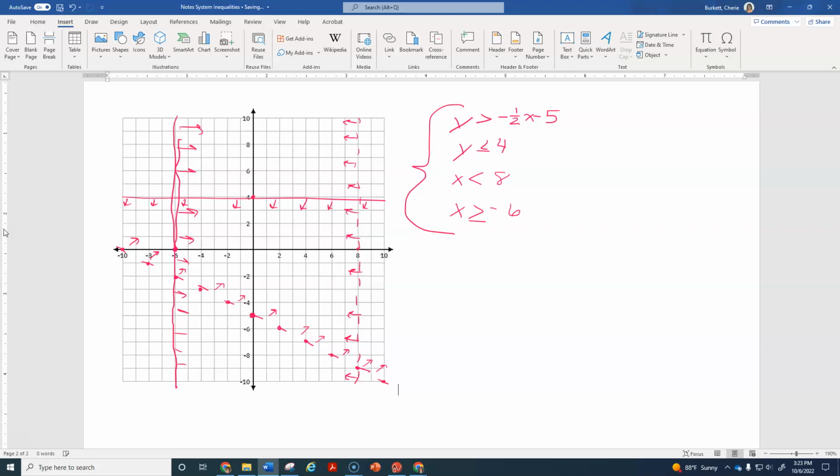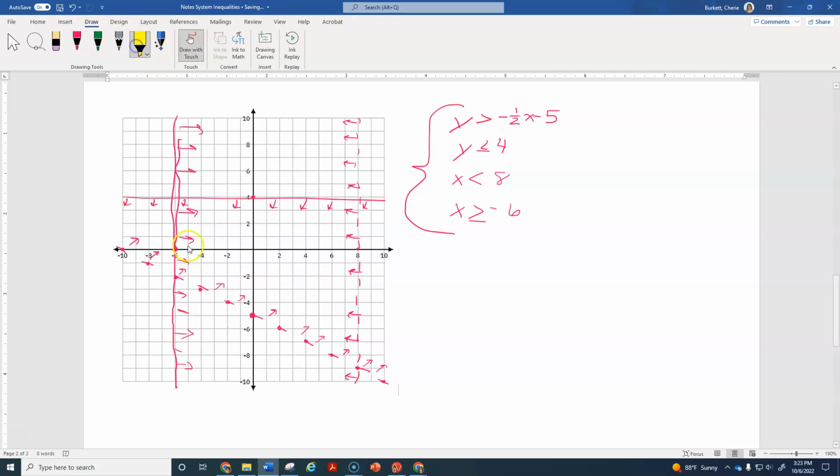So it looks like these are pointing in this way, these are pointing down, these are pointing up. So it looks like I'm going to be shading this section in here.